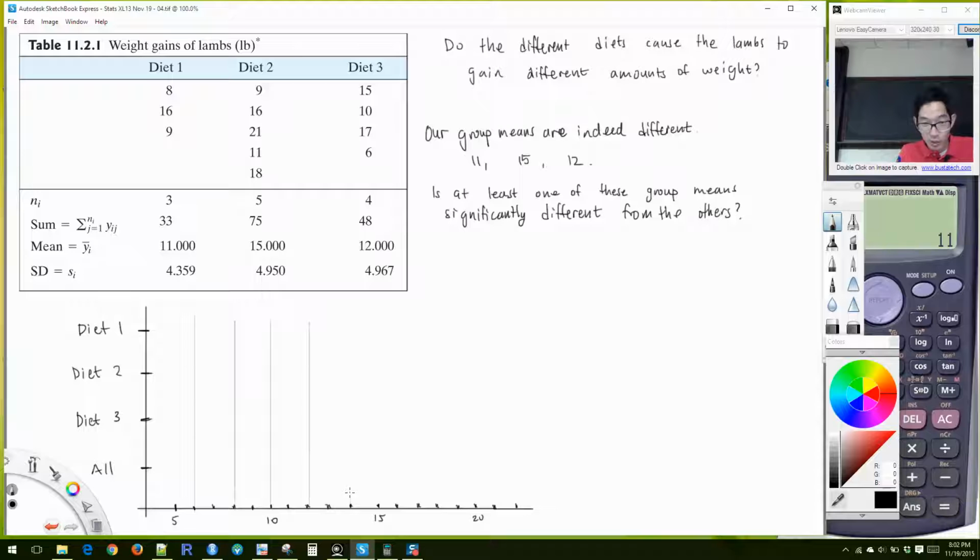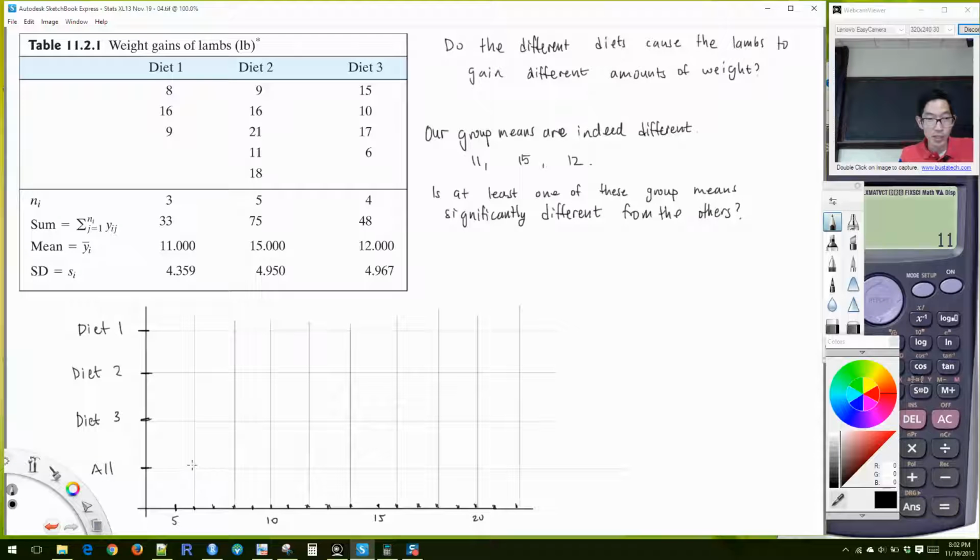They're supposed to be equally spaced. Okay, now I'm going to put these dots up here.